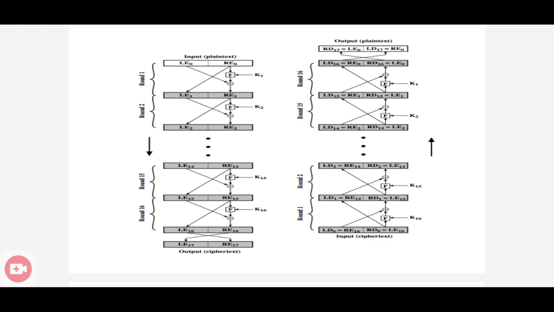Then that output is XORed with the left half. Then swap the left and right half. At the end, after the 16th round, we have a swapping of left half and right half to produce L17 and R17 to make the plain text. So this is the structure of the Feistel cipher. Clear?